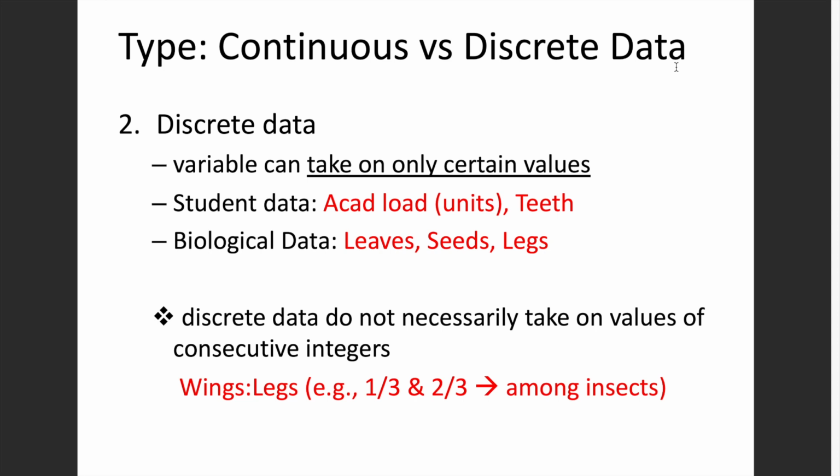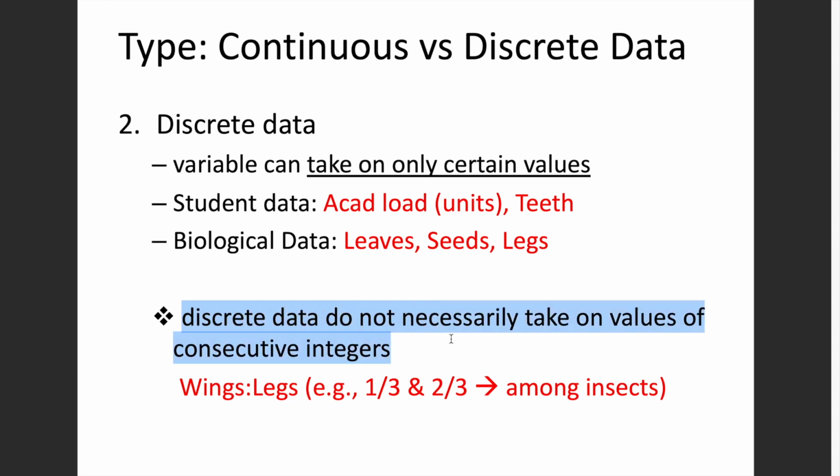There are distinct values that your data can only take. Unlike the example of temperature, where you can have 1.5999979 degrees Celsius, something like that, or 1.59.